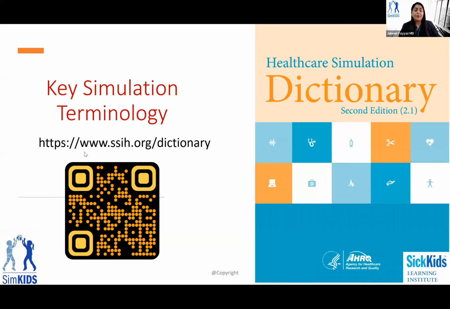So there's a barcode. If you're willing to have this downloaded, please feel free to do that. As simulationists, we all have one copy on every device, laptop, desktop, because there are so many terminologies that you need to know, so that it will make your communication better.